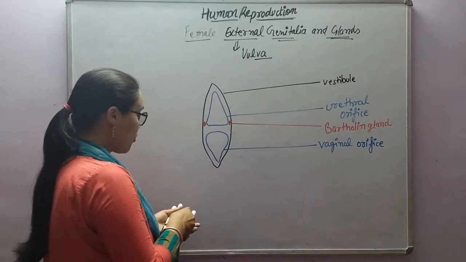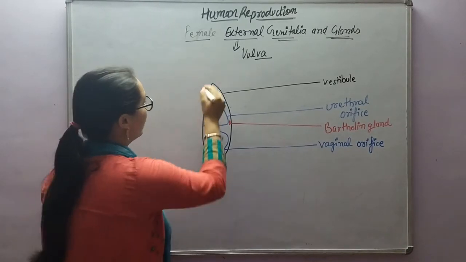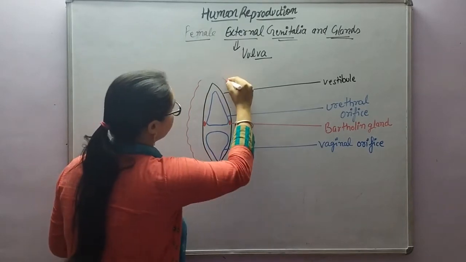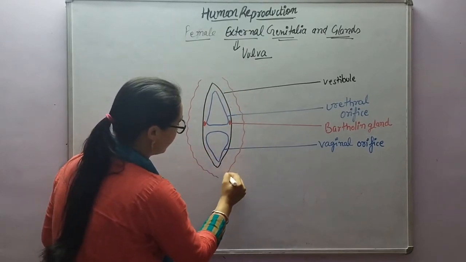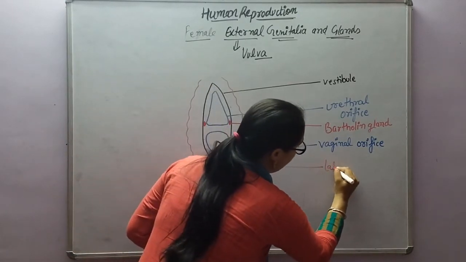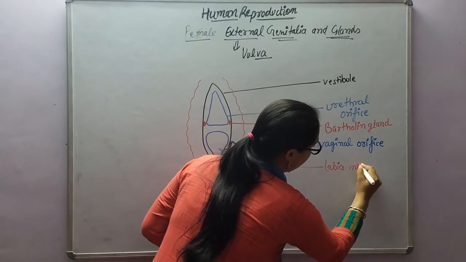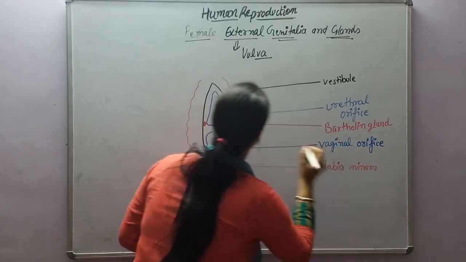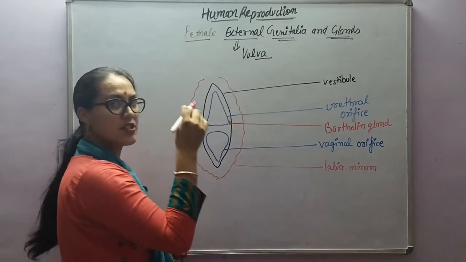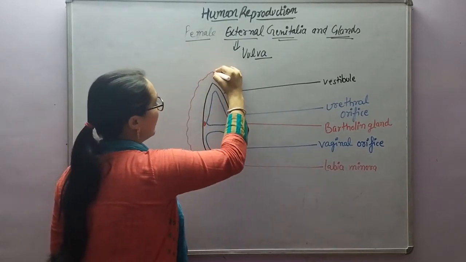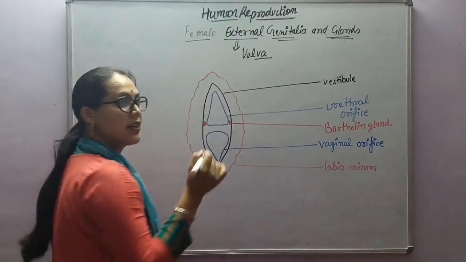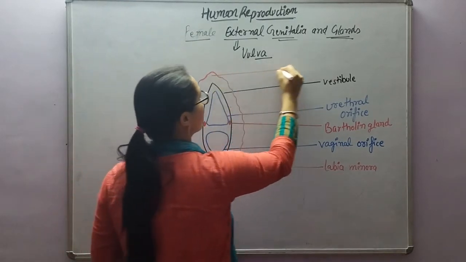Now this vestibule is guarded by two folds of skin. The inner fold is known as the labia minora, like this. At the tip of the labia minora, its skin is a loose fold, and this tip is known as the prepuce.